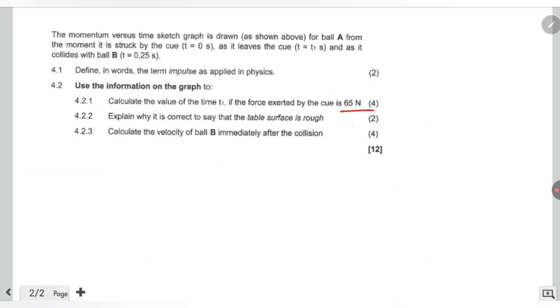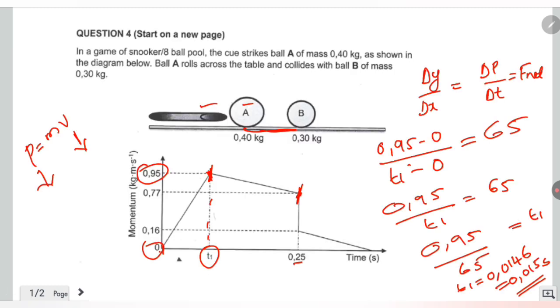And the last question: calculate the velocity of ball B immediately after collision. Now look at ball B. Initially it was at rest. Ball A hits ball B at this point.